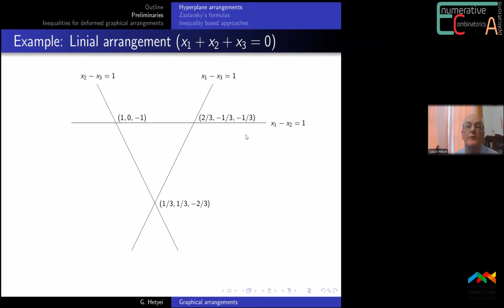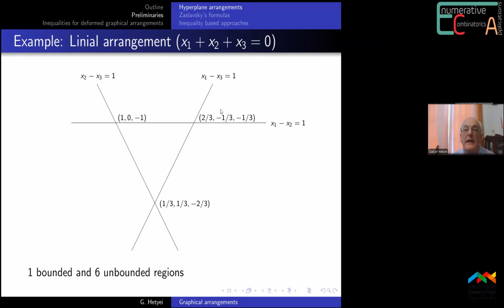Now, this is not what you see in the picture. You see the intersection of this arrangement with the hyperplane where we set the sum of the variables to be 0. There is a good reason for that: when you only look at equations of the form xi minus xj equals a constant, you can increase both variables by the same number and you are still in the same region, hence all regions would be unbounded.